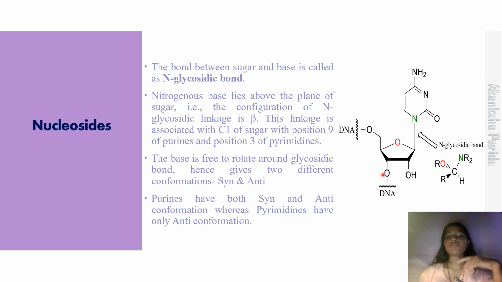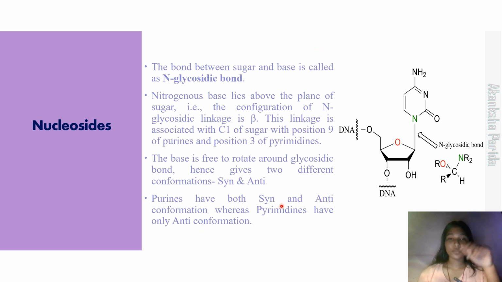But in case of syn conformation, the purine base is rotated towards the sugar. It is very less common. Purines have both syn and anti conformation, but in case of pyrimidine, only anti conformation.